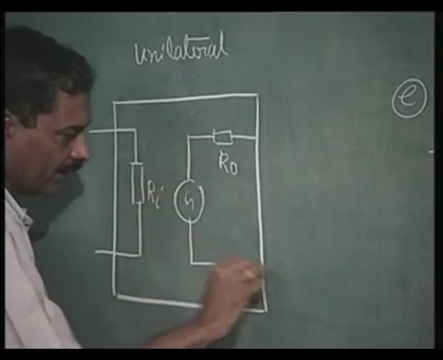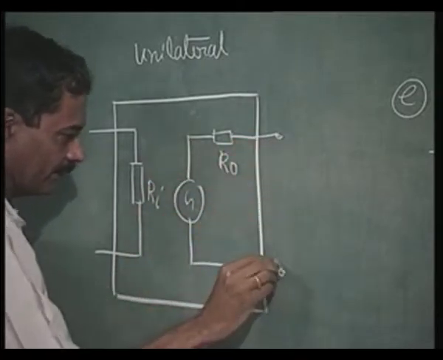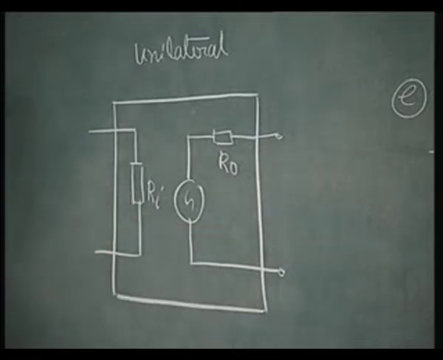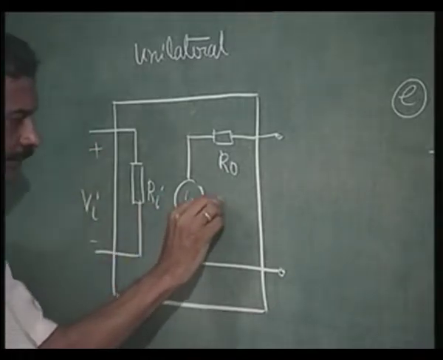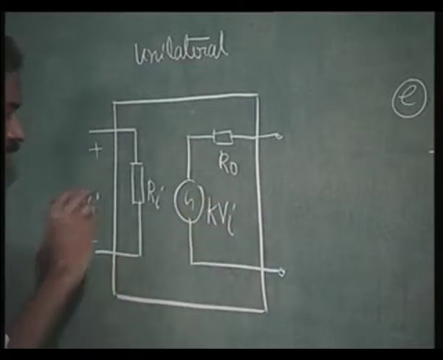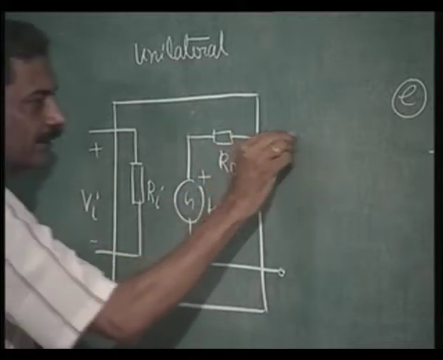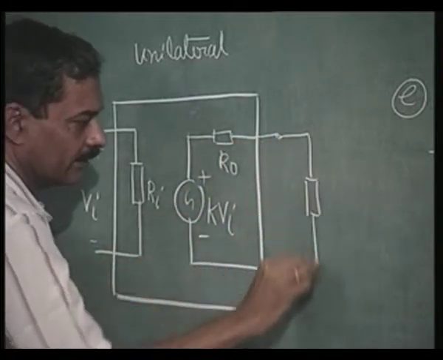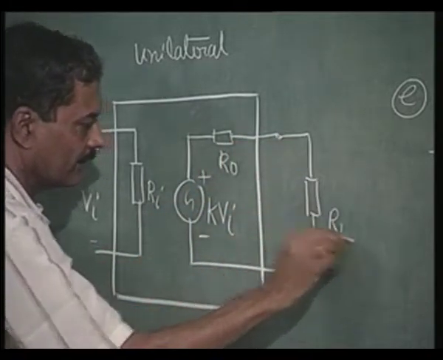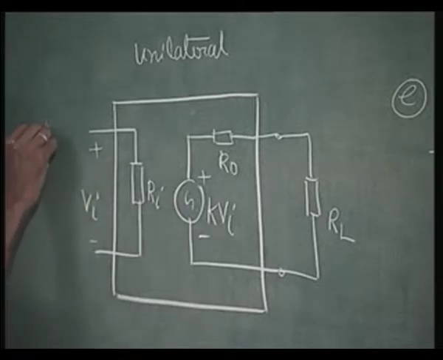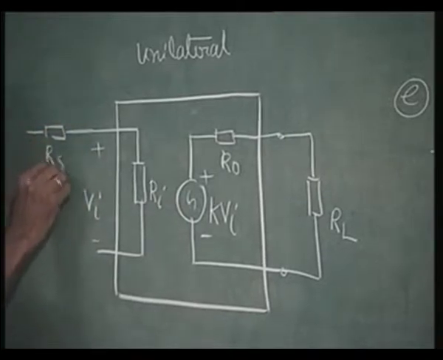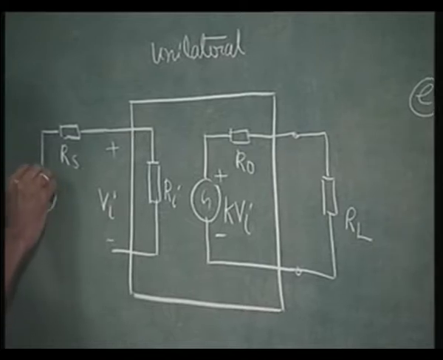I am considering arbitrarily some category of amplifier, let us say, which has finite input resistance and finite output resistance, and then let us consider open loop voltage gain, Av is K times Vi, and this is what we had considered earlier. It is connected to RL. Now, it is driven by a source. This was the first amplifier we considered, non-ideal amplifier.